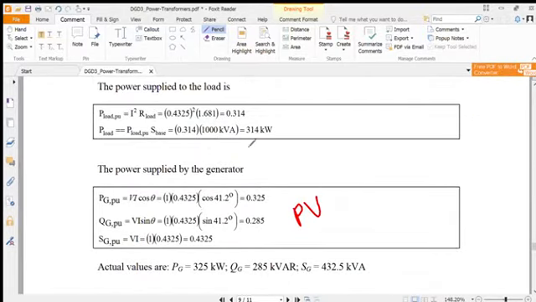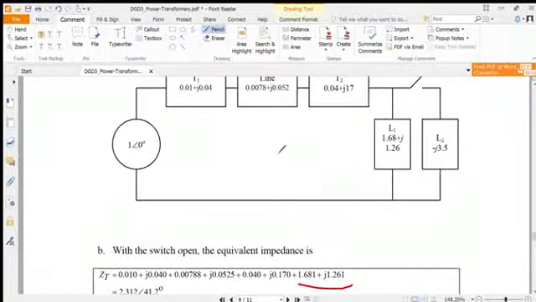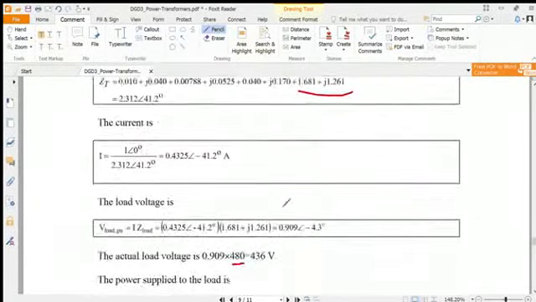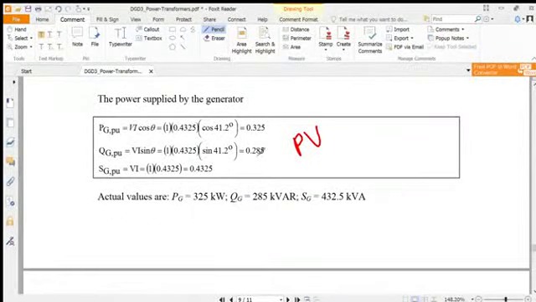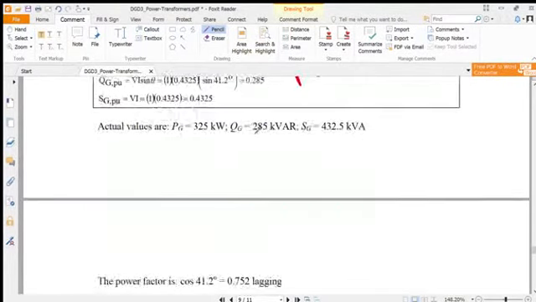In the load, 314 kilowatts is transferred, whereas the generator supplied 325. So there is a loss inside the transmission line and the transformer. The power loss is 325 minus 314.